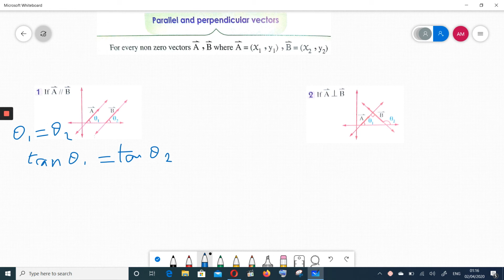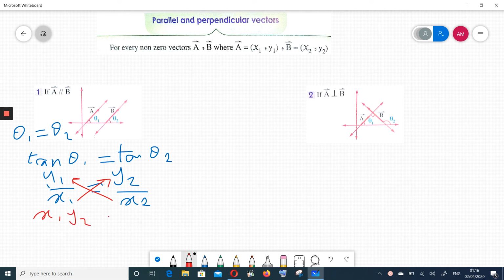Tan, as we saw before, is y over x. That means y1 over x1 equals y2 over x2. Because if you remember, tan theta equals opposite over adjacent. If we do cross multiplication, it is going to be x1 y2 equals x2 y1.